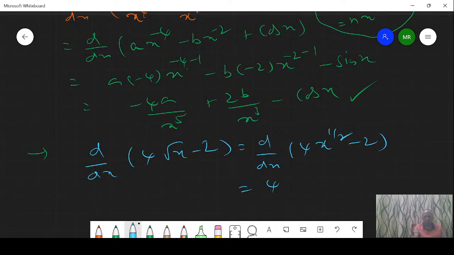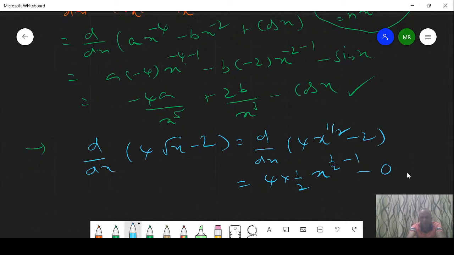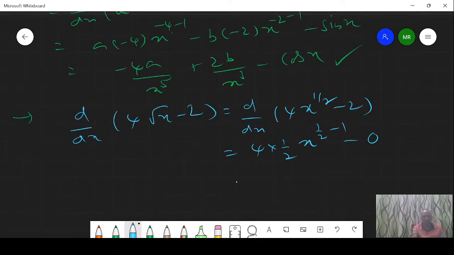We know the formula for x power n: 1 by 2 into x power 1 by 2 minus 1, and the constant is 0. Then this will become 2 into x power minus 1 by 2, which is 2 by x power 1 by 2. That will be the required answer.